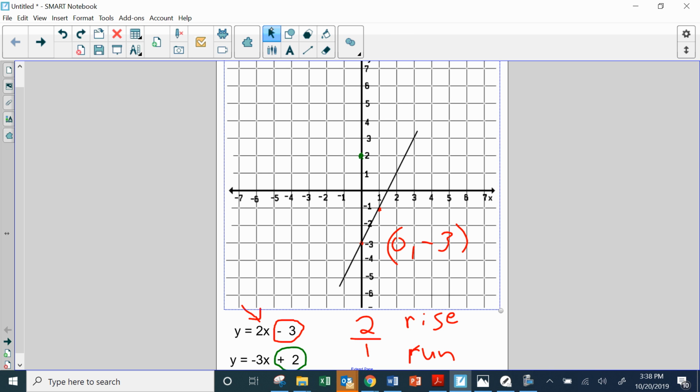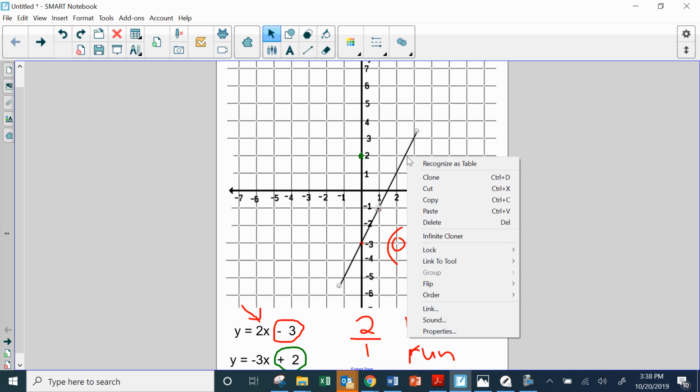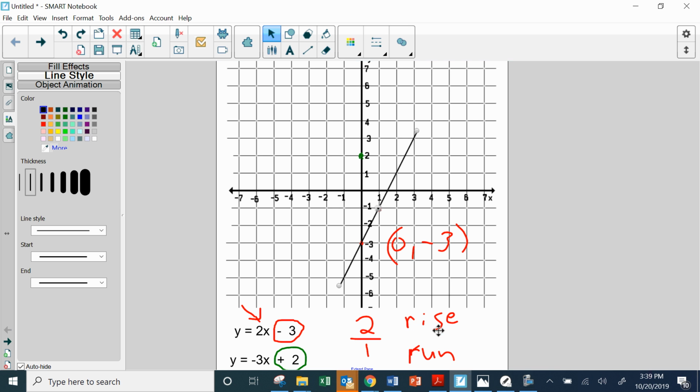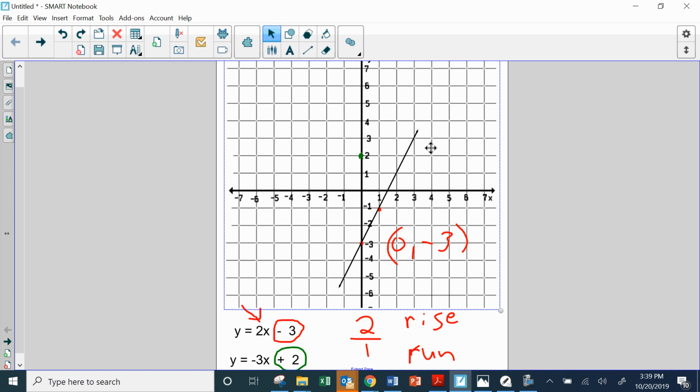Let's try that again. Right click, Properties. Okay, so they're teeny tiny arrows, but you can see it has arrows on it.